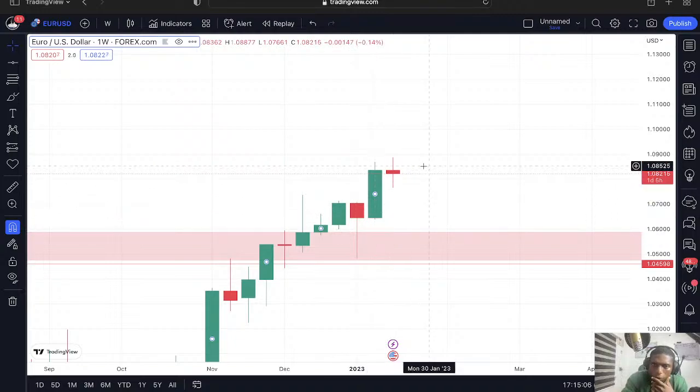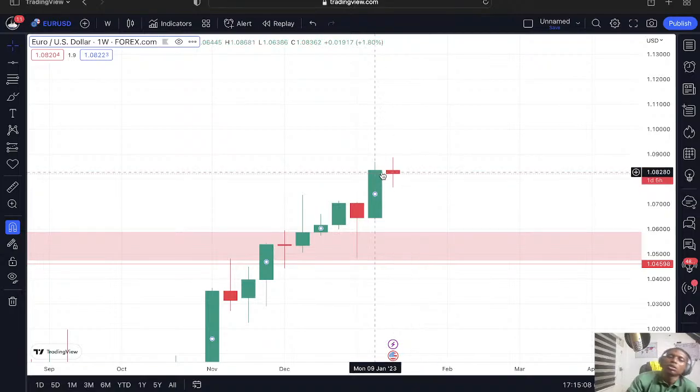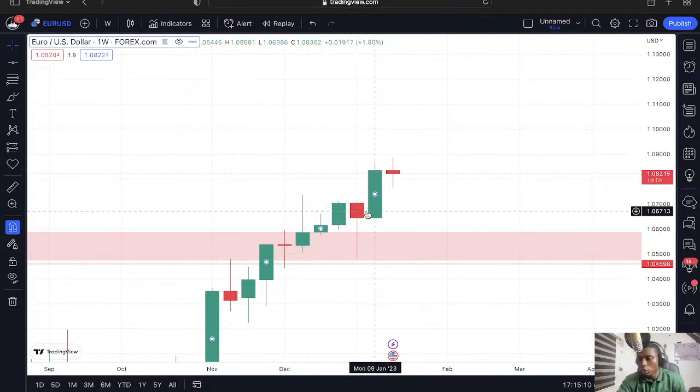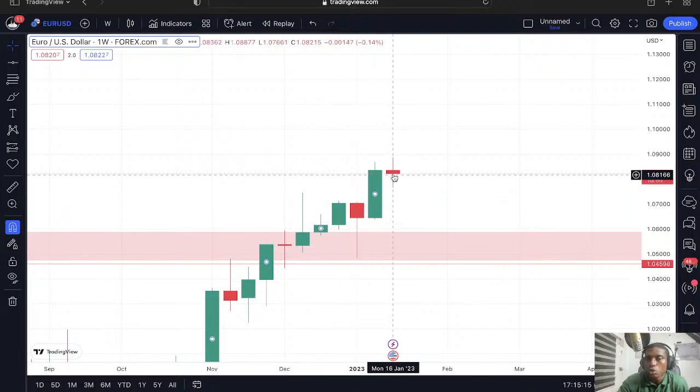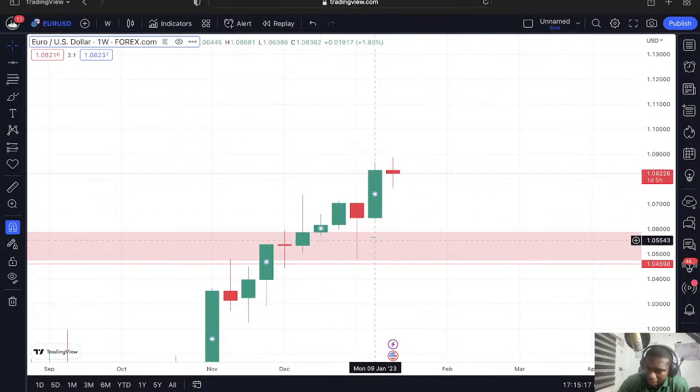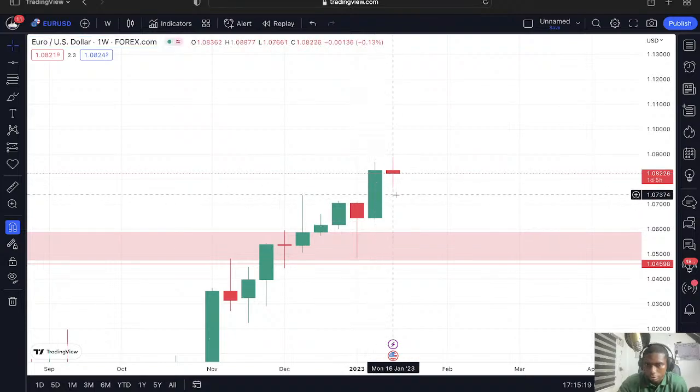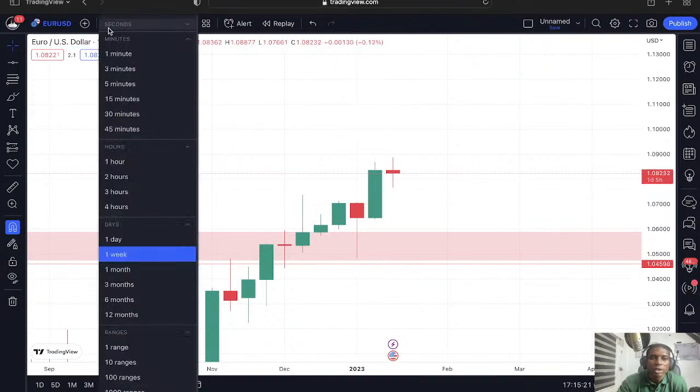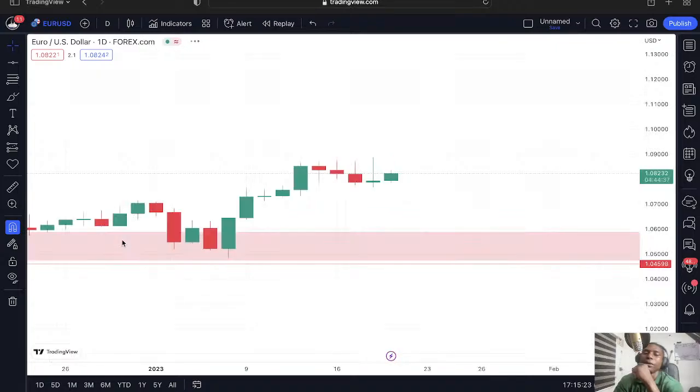So here now is giving us that bullish momentum vibes, saying okay, the bulls are preparing to take over.